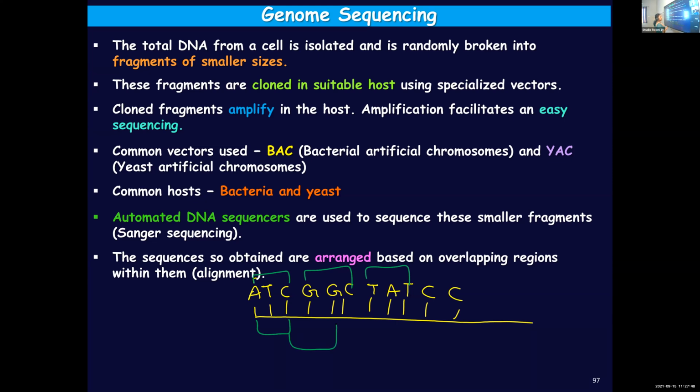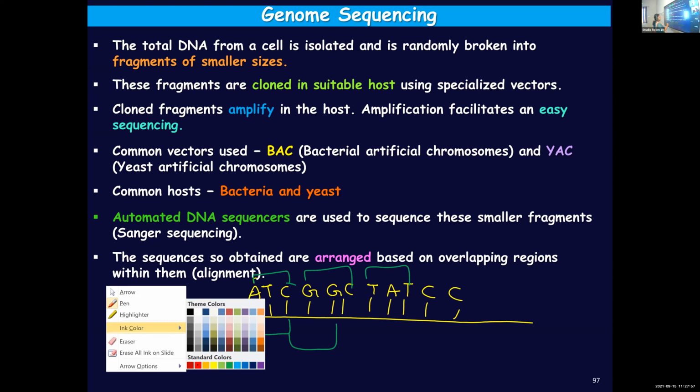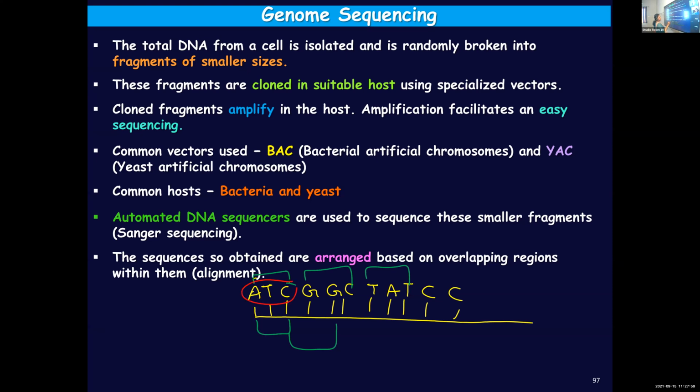So that means here there is an overlapping. ATC is forming the first codon. Next codon is CGG. That means C is common for these two codons. So there is an overlapping taking place. Almost 13.36% of the DNA has got overlapping regions.